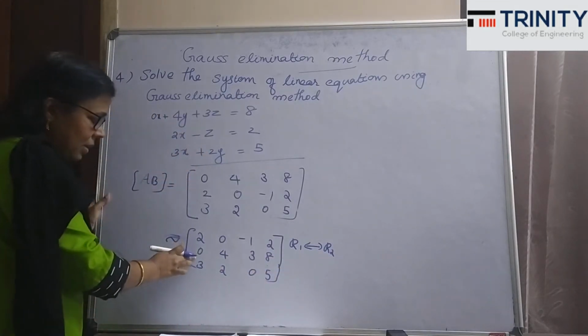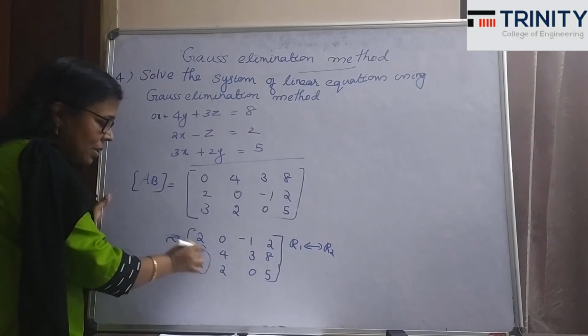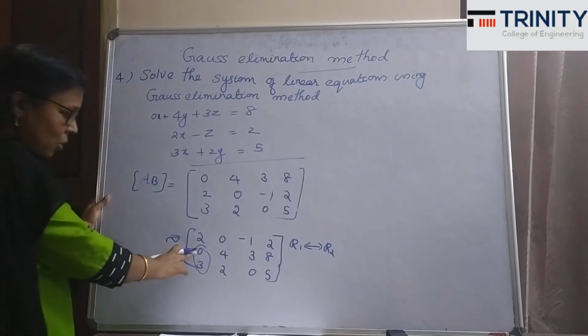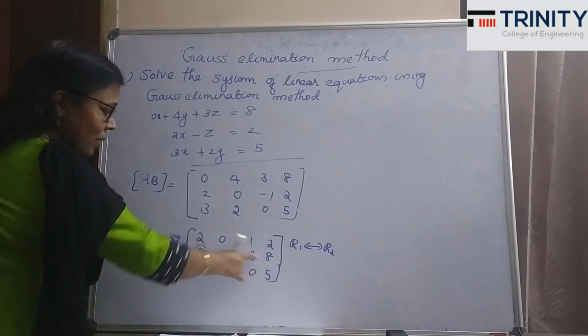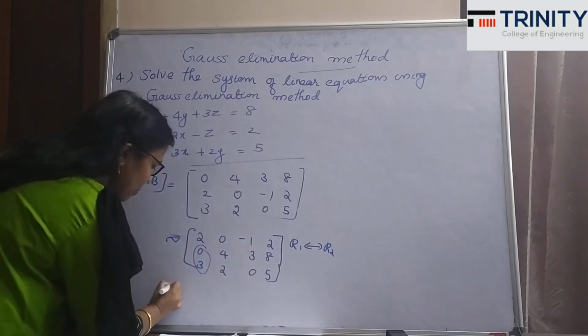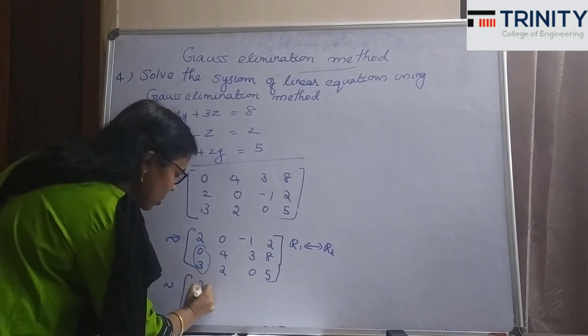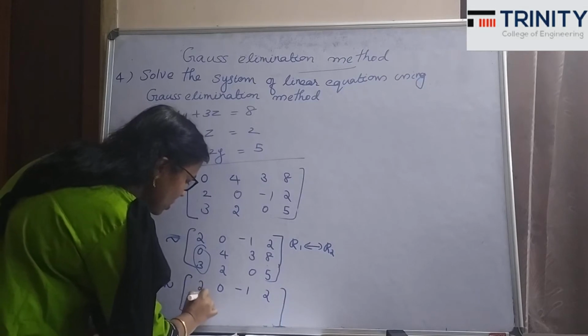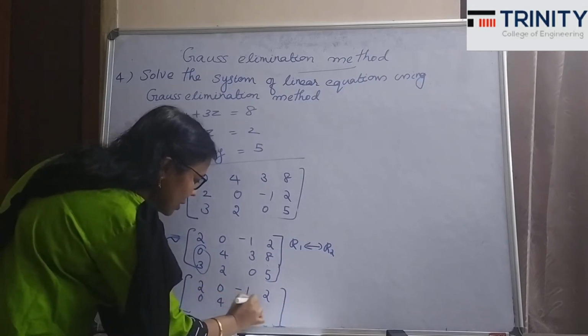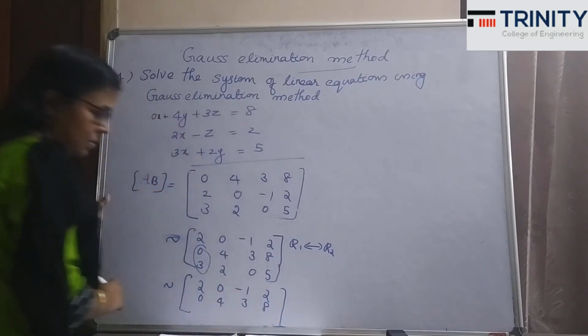Now we have to make these two elements 0. Here no need to change the second row because in the second row the first element is 0. Therefore, first row 2, 0, minus 1, 2. Second row 0, 4, 3, 8.